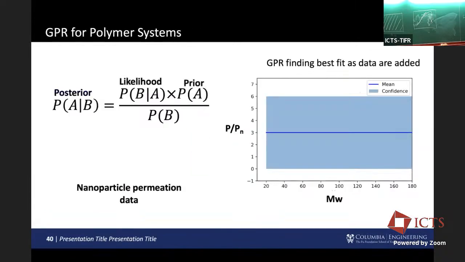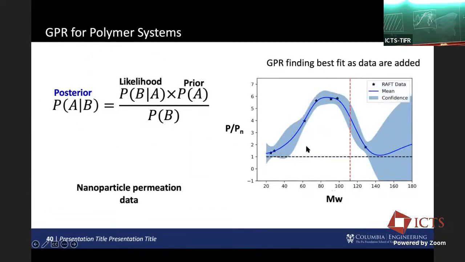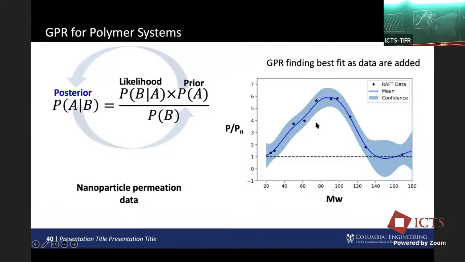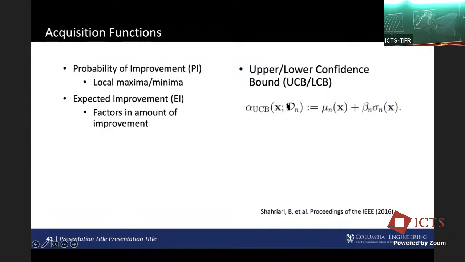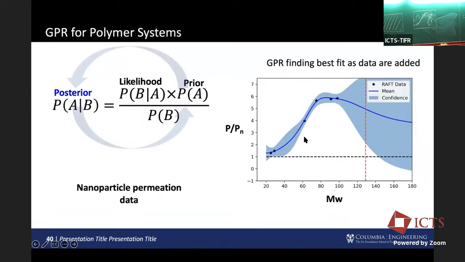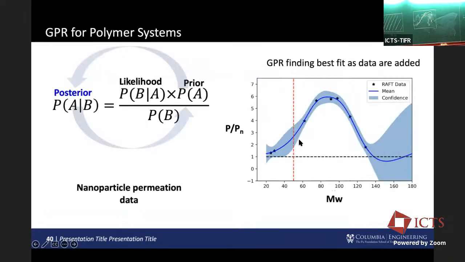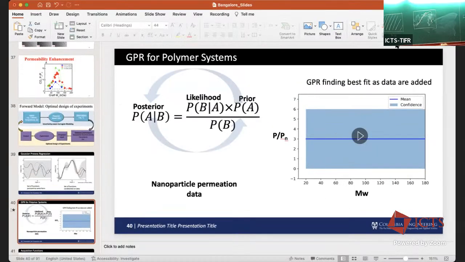So let's do this example. Let's go back. Okay, so this is where you start. So this is where you start out before you did any experiment, right? The permeability is along the y-axis, the molecular weight is along the x-axis, the grafting density is fixed.